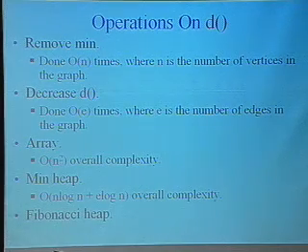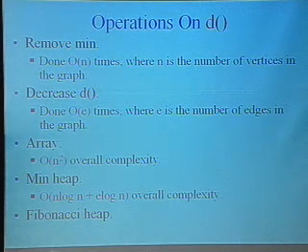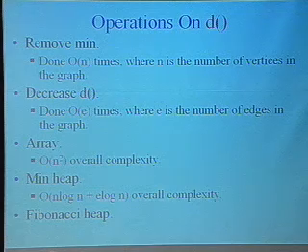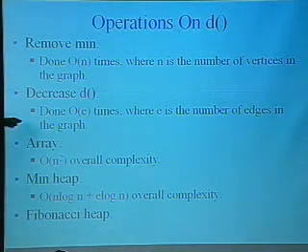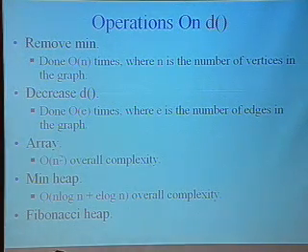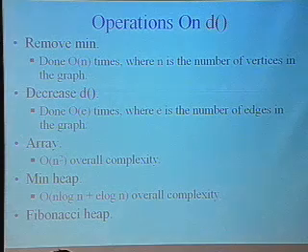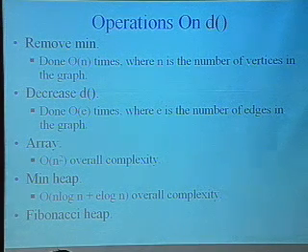If you use a Fibonacci heap, then for the remove min operations, we're going to have a sequence of remove mins. That sequence will have about n remove mins in it. We'll have a sequence of decrease keys, and there'll be e decrease keys in the sequence. While an individual remove min might take order of n time, or a specific decrease key might take order of n time, we really care about the total running time of the algorithm.